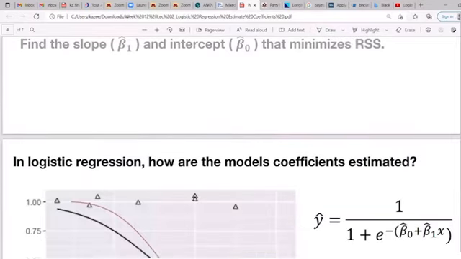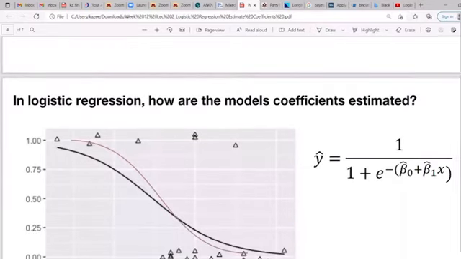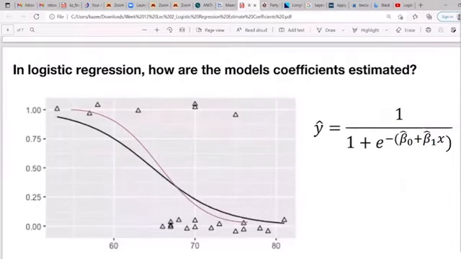Now, if that is what we use in simple linear regression, the question is, do we also use the least squares estimation method to figure out the model coefficients in logistic regression? My answer is no, we don't use that. I'm going to say that again.